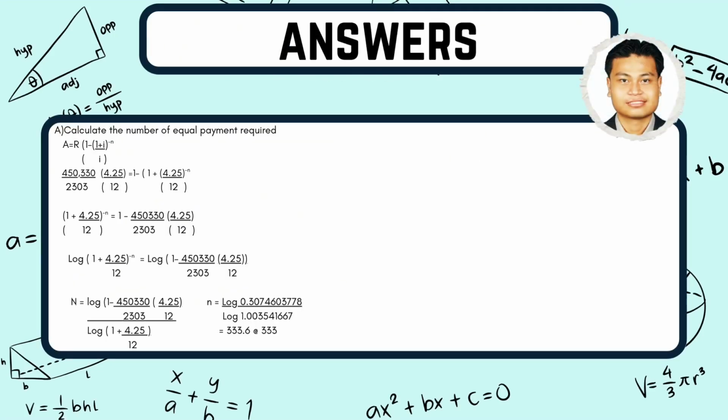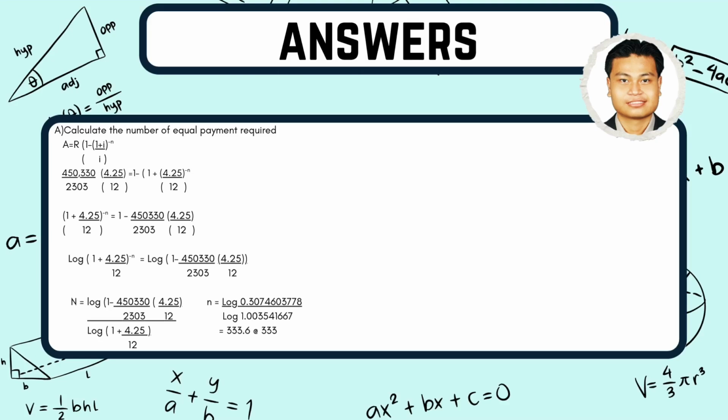Question A. Calculate the number of equal payments required. A equals R, 1 minus 1 plus i to the power of negative n, divided by i. Next, 450,330 divided by 2,303, open bracket 4.25 divided by 12, close bracket, equals 1 minus open bracket 1 plus 4.25 divided by 12 to the power of negative n. Next, 1 plus 4.25 divided by 12 to the power of negative n equals 1 minus 450,330 divided by 2,303, open bracket 4.25 divided by 12, close bracket.